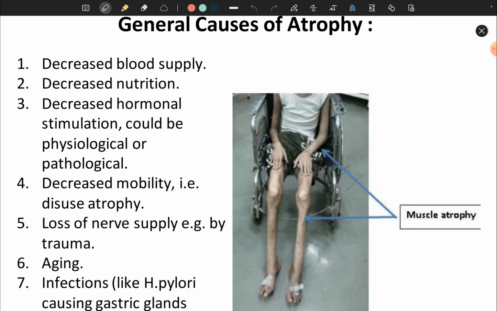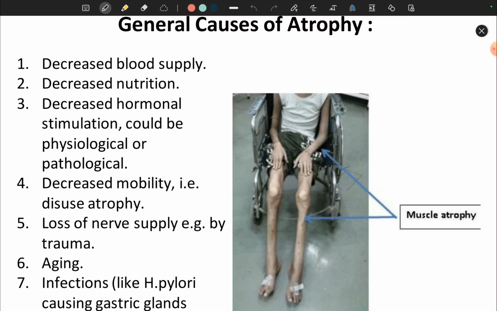If there is reduction in the hormonal stimulation for an organ, this organ is going to respond by reduction of its size. For example, in the uterus after labor, because of the reduction of the hormones, the uterus has to shrink to return to its normal size. This is physiological. So it is not always a pathological problem. It happens in our body.